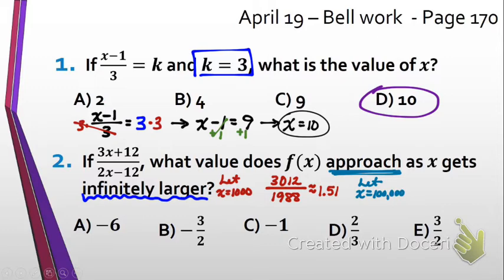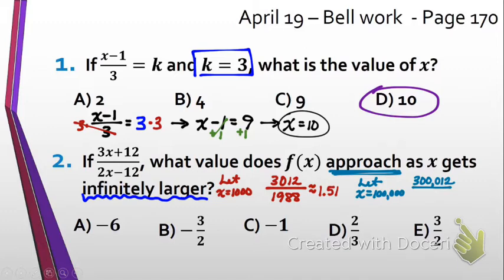100,000 has 5 zeros in it, okay? If I took 100,000 and I put it in the place of x, what would the numerator be? 300,012, because remember, we're multiplying it by 3. What would the denominator be? We put 100,000 in the place of the x.